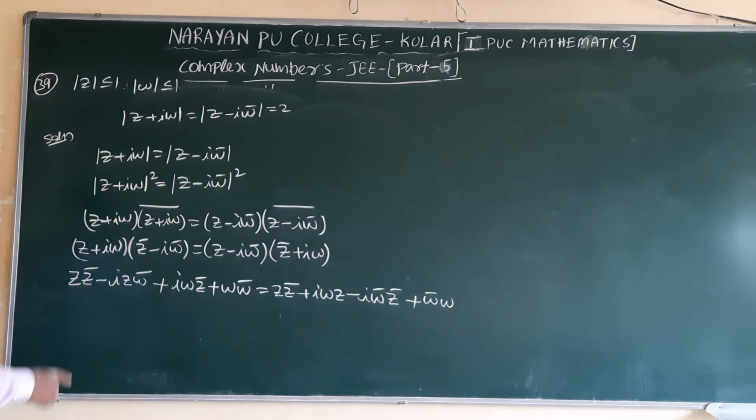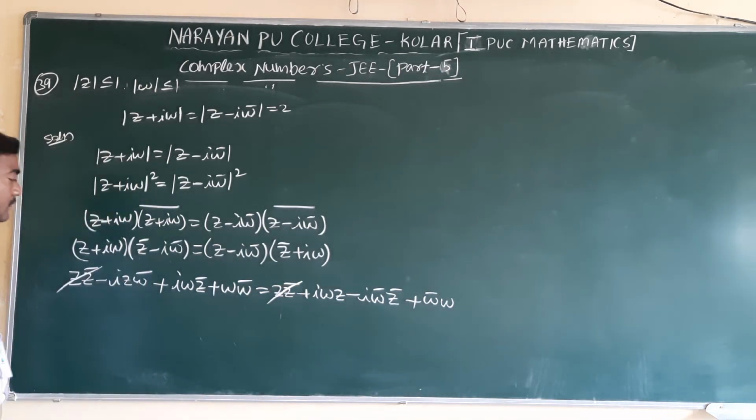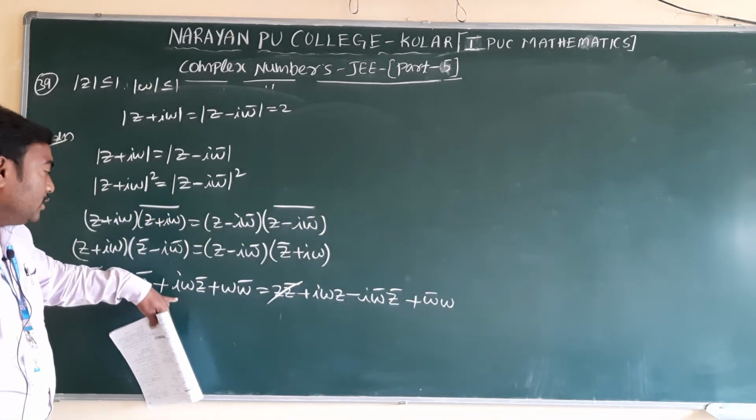Now here, on LHS and RHS the z into z bar get cancelled, remaining i into omega z bar.